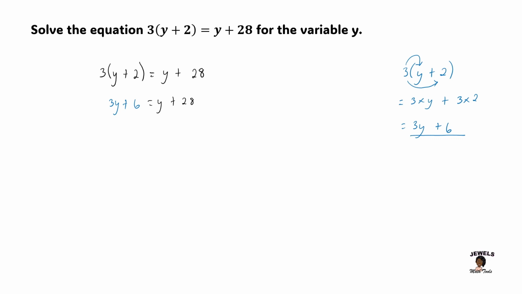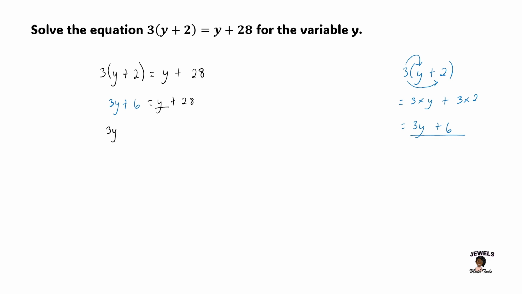So the first thing we're going to do now is collect our like terms. So we have 3 and y, which are like terms, and also my 6 and 28 are also like terms. So I'm going to begin by collecting my like terms with my y. And since my y is smaller here, that means that I'm going to move it to the left-hand side of my equation where my 3y is.